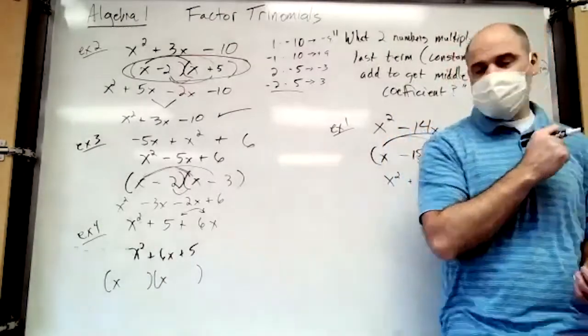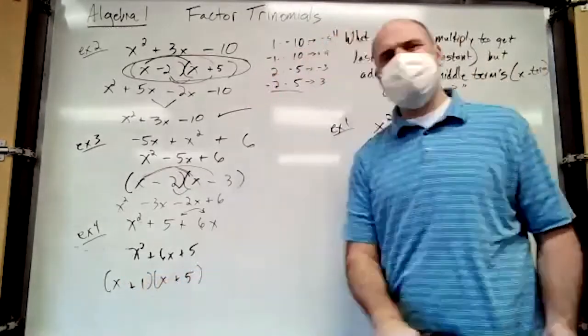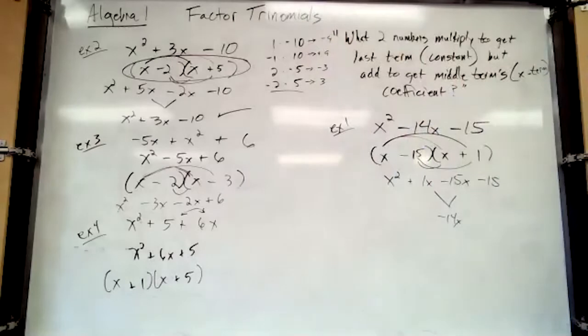1 and 5. 1 and 5, that's right. So, and then you're like, oh, well, there's only one thing that equals 5, 1 times 5, right? And then they're all positive, so x is plus 1 plus 5, that makes sense, okay? But see, that 2 and 3 is going through my head too.